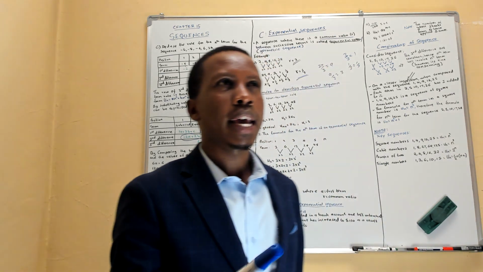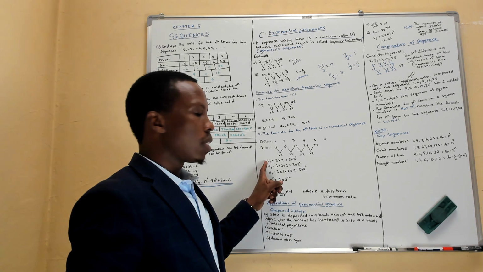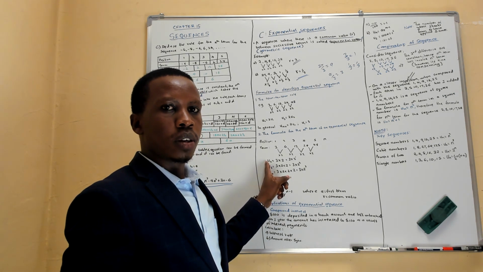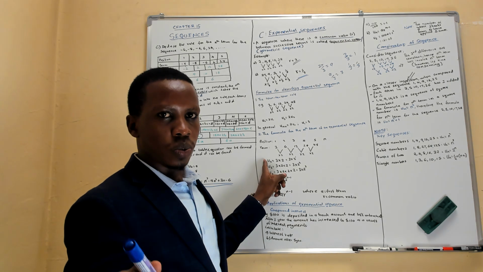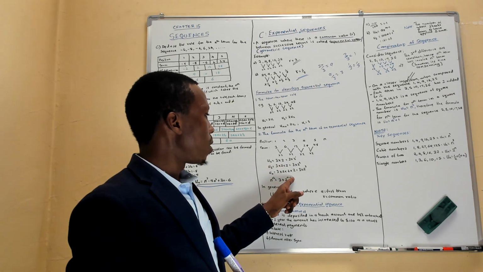We are subtracting 1 from n because we started with the first term here, so n minus 1 is the one we are reducing.